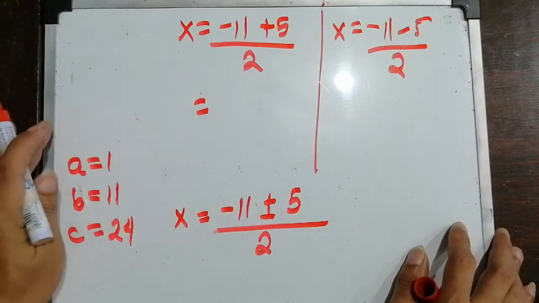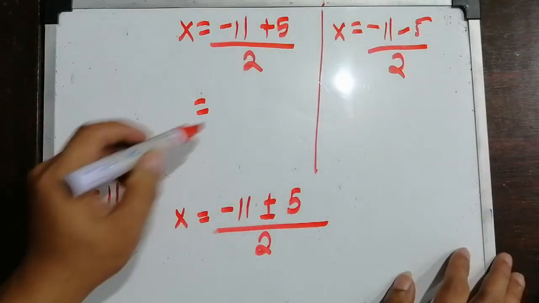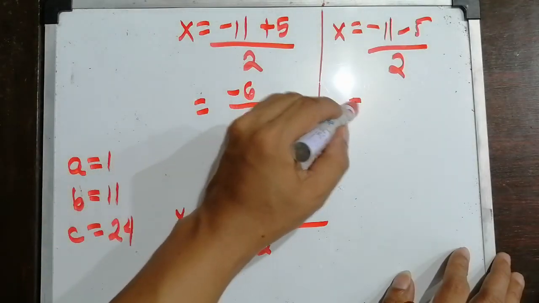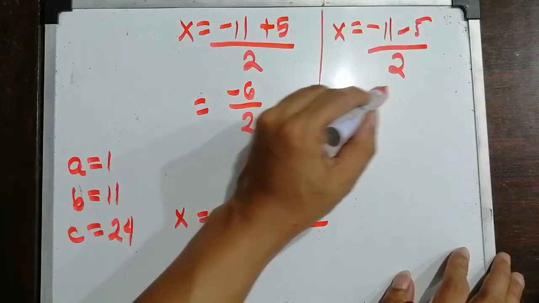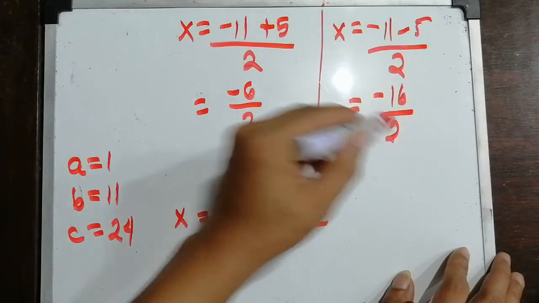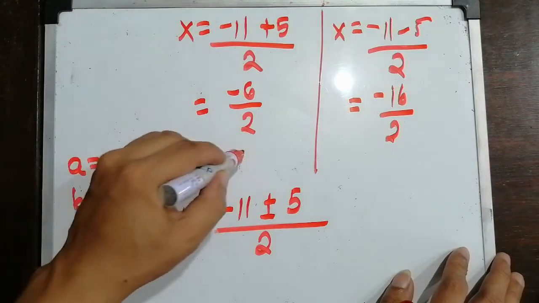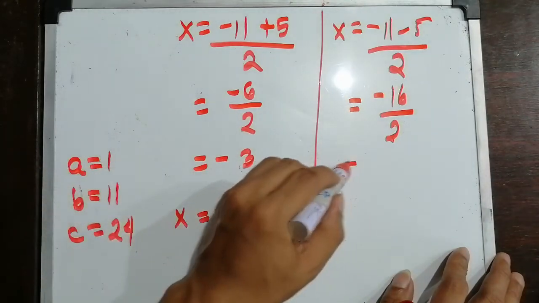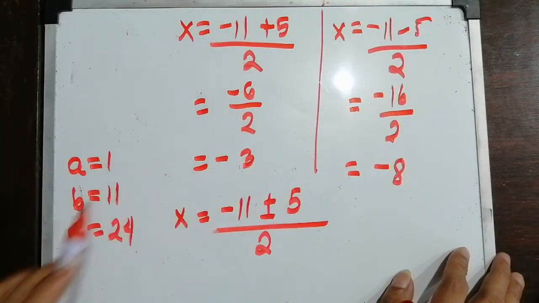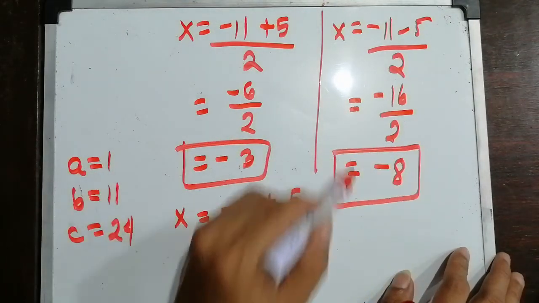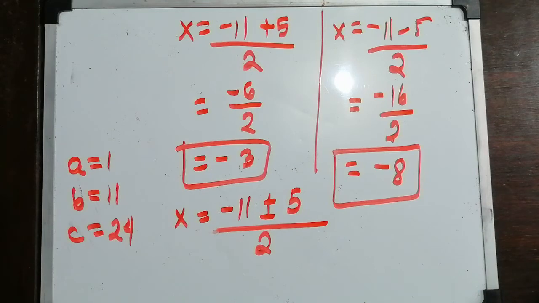So, that is negative 11 plus 5 is negative 6 over 2. This is negative 11 minus 5 is negative 16 over 2. So, negative 6 by 2 is negative 3. This one is negative 8. So, our solution is negative 3 and negative 8. That is solving quadratic equation using quadratic formula.